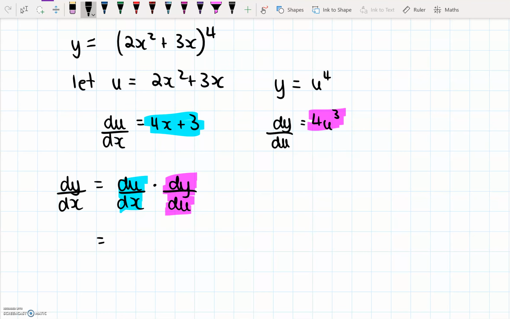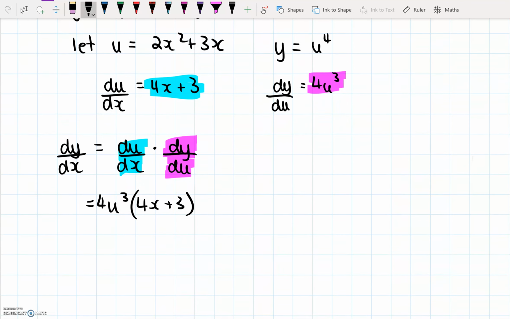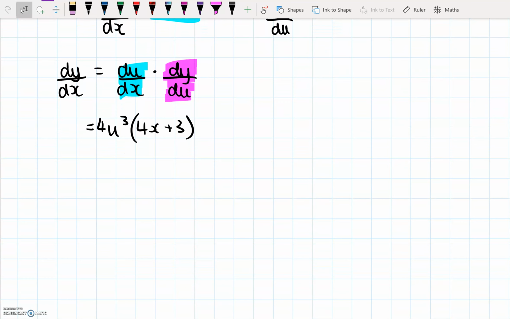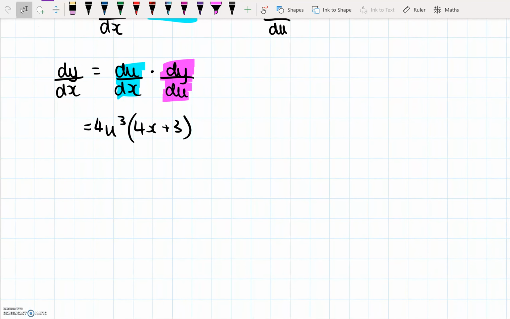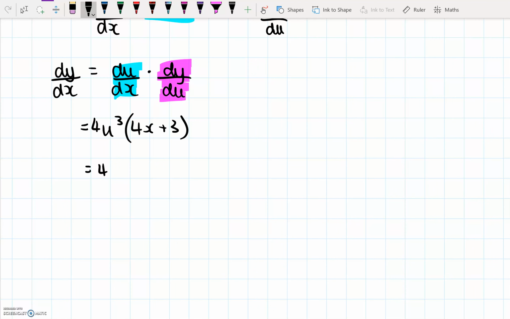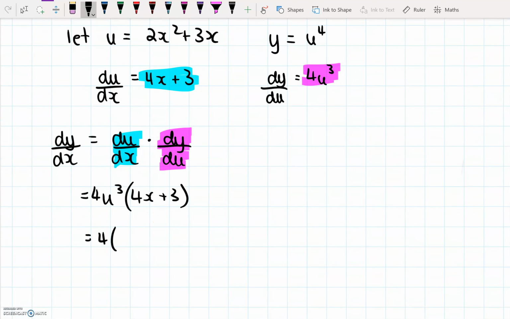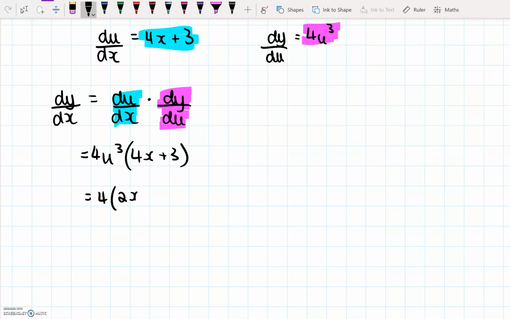Multiplying them together, we get 4x plus 3 times 4u cubed. So this is dy dx. Now we want this without a u in it, so it's equal to 4, where u was 2x squared plus 3x, cubed, times 4x plus 3. And that's it. We're done.